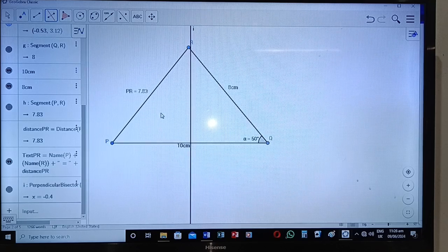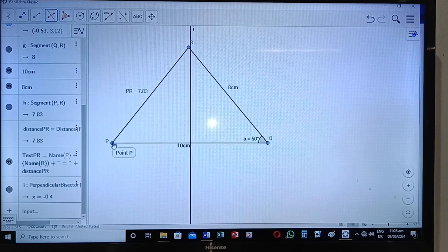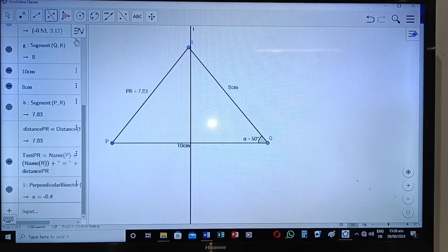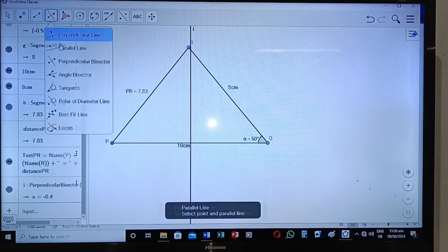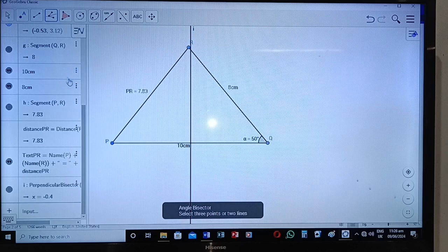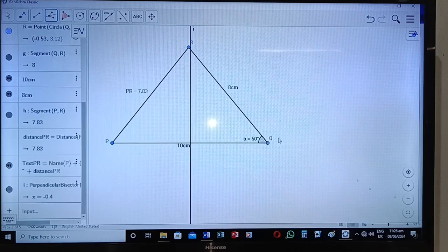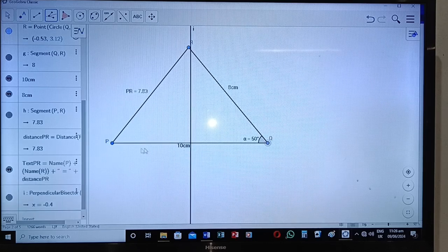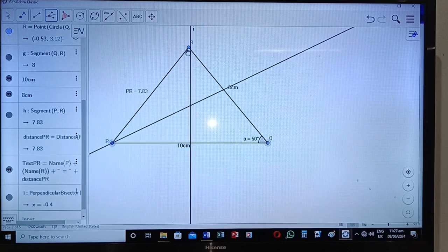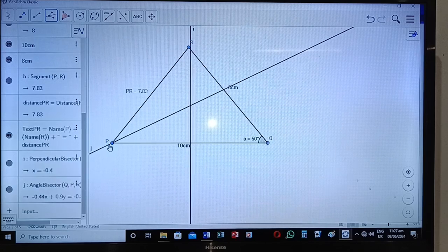We bisect angle RPQ. The way we bisect this angle, again we come to here and we say angle bisector. Which angle do we bisect? We mention the legs and we bisect angle RPQ. So this is the bisector of angle RPQ.